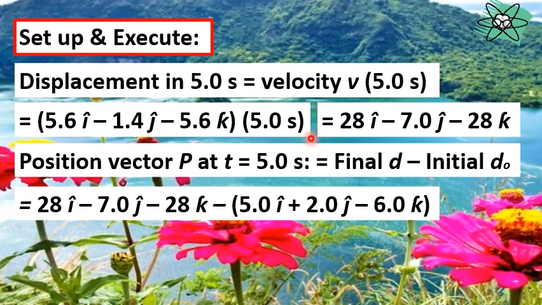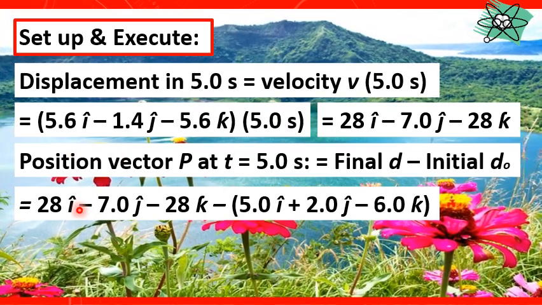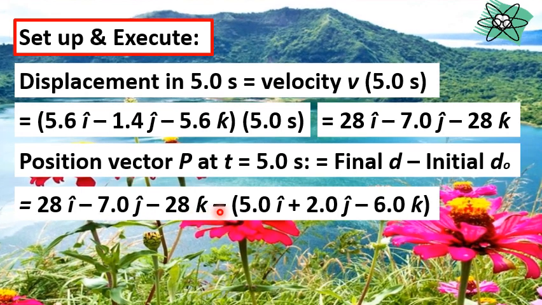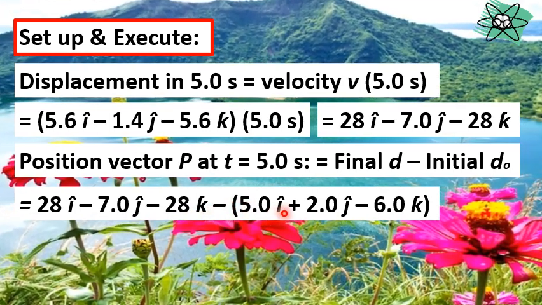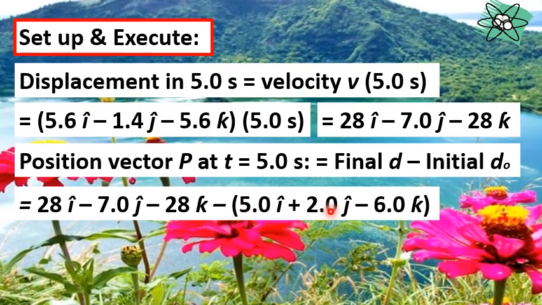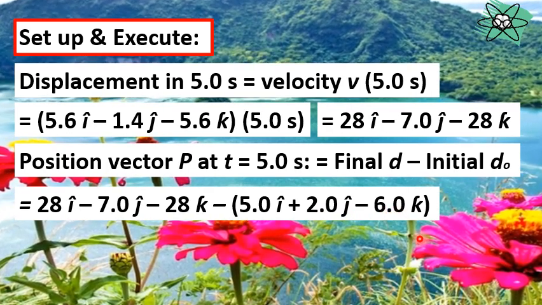Our final displacement, 28i minus 7.0j minus 28k, minus the initial displacement that is given equal to quantity 5.0i plus 2.0j minus 6.0k.